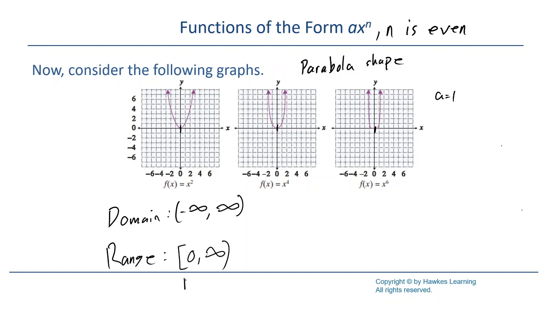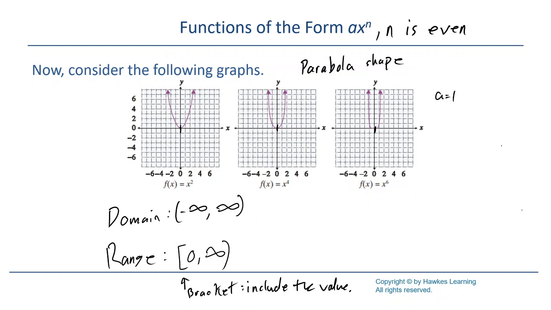Now, the difference between the bracket and the open parenthesis: the bracket means include the value. So if you have an interval that's got a bracket on one end and an open parenthesis on the other end, then for the bracket side, you include that value.